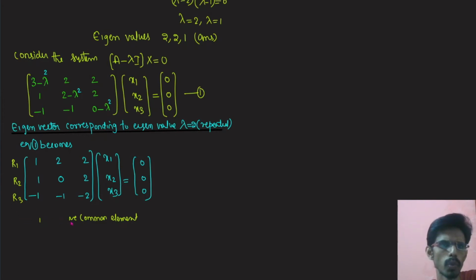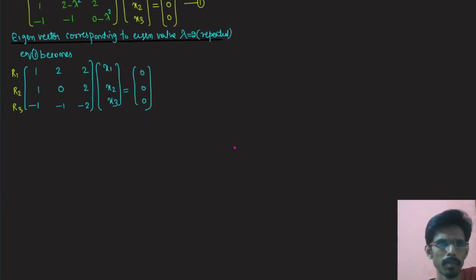R1 and R3 do not have any common elements, so we do not find any common elements here, right? Let us go for the crisscross method here. I'll go with the crisscross method.